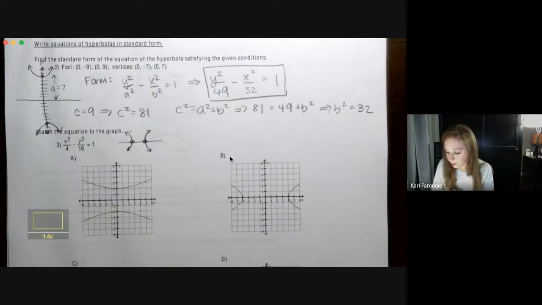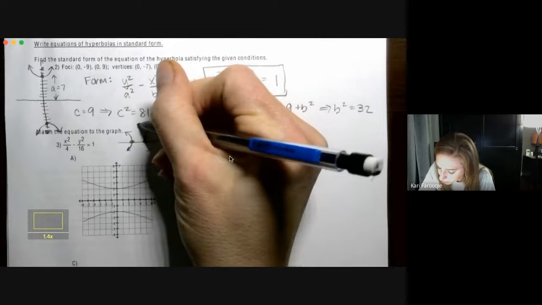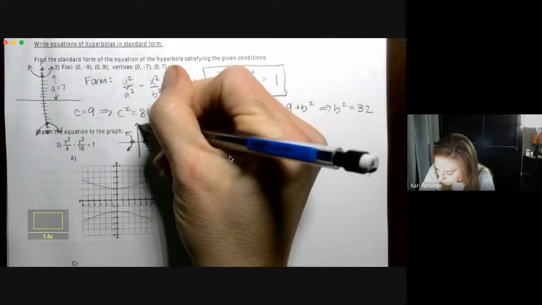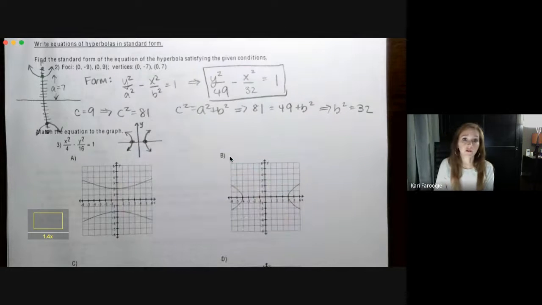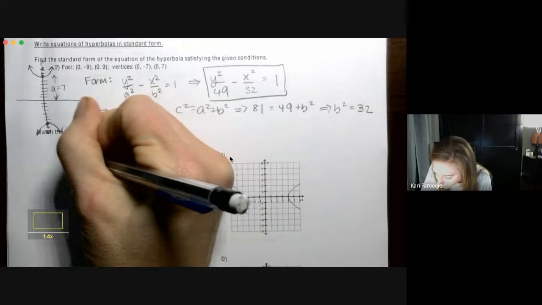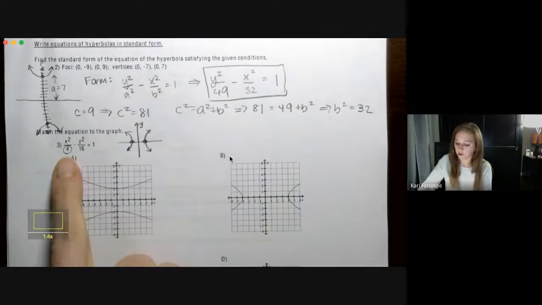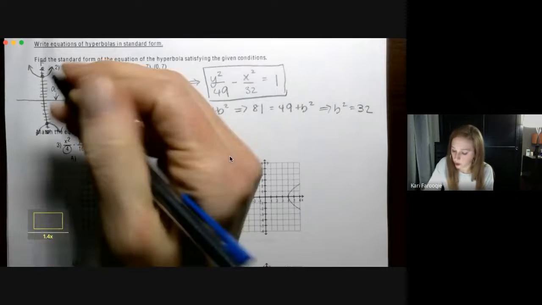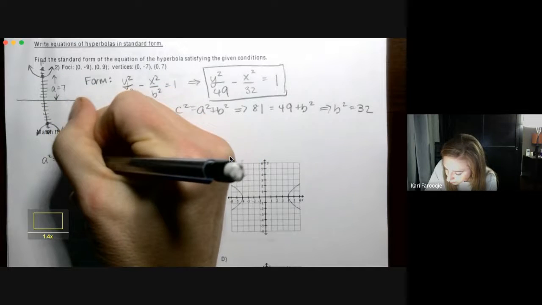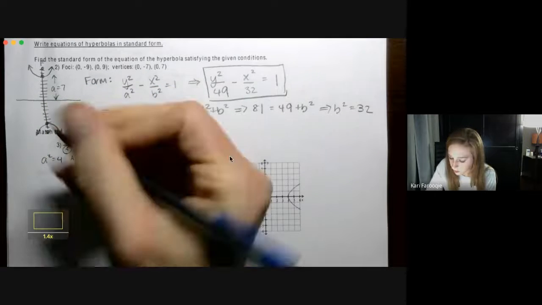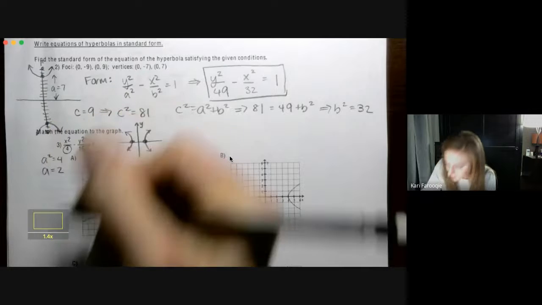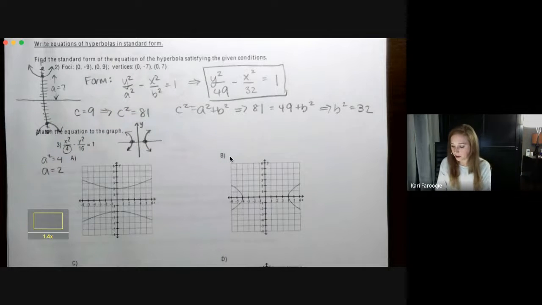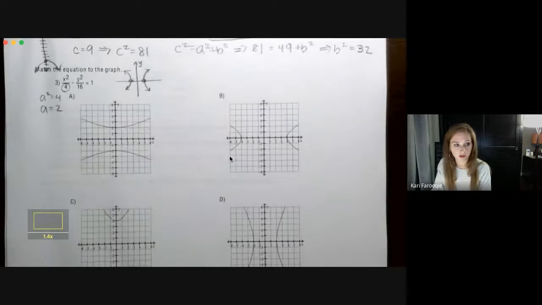We also know that your vertex points must be a units from the center. Your vertices are going to follow from a squared equals 4. So if a squared is 4, then a is 2. Now, don't be fooled because you had an option that was here to fool you, and that option was b.